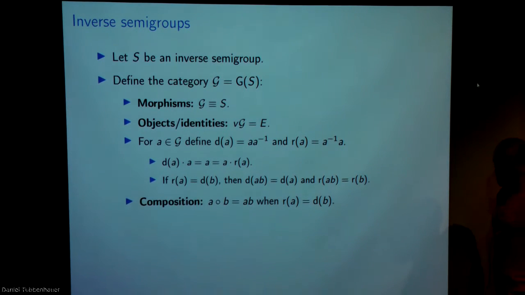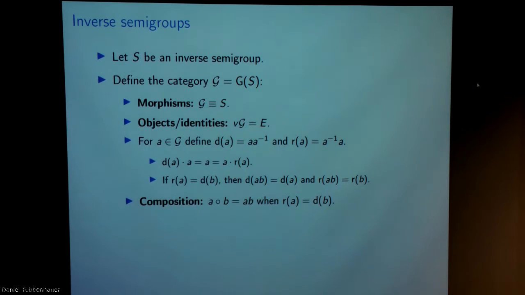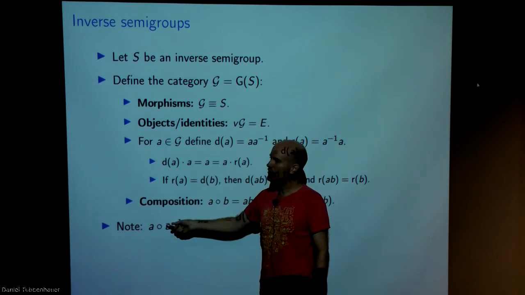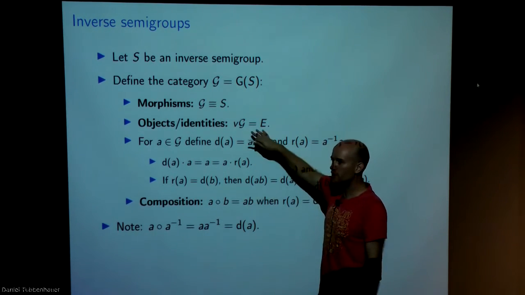So if A and B are such that the range of A equals the domain of B, then AB is going to map from the domain of A to the range of B. Okay, so the range of A is always the domain of A inverse, just by looking at these equations here.